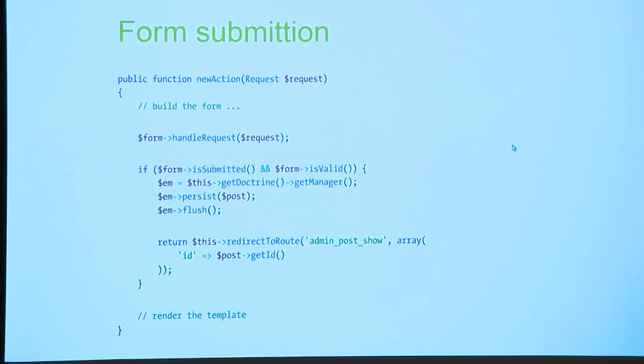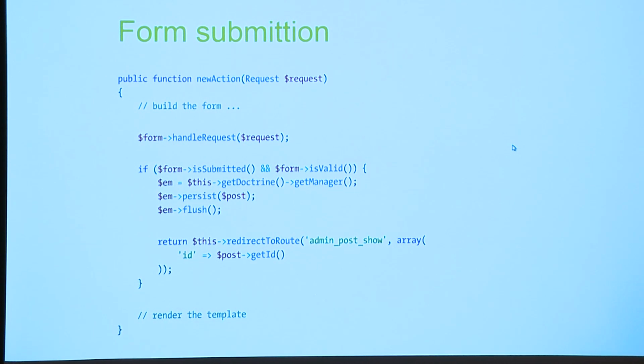Just as a reminder, but you have no choice now, you need to double check your forms. So you first need to handle the request, of course, but then to check if it is submitted, which means it's a post request and a few other things, and if it's valid per the declaration of the form, and if both conditions are true, then you can deal with the content and the body of the post payload, the form payload actually in this case.